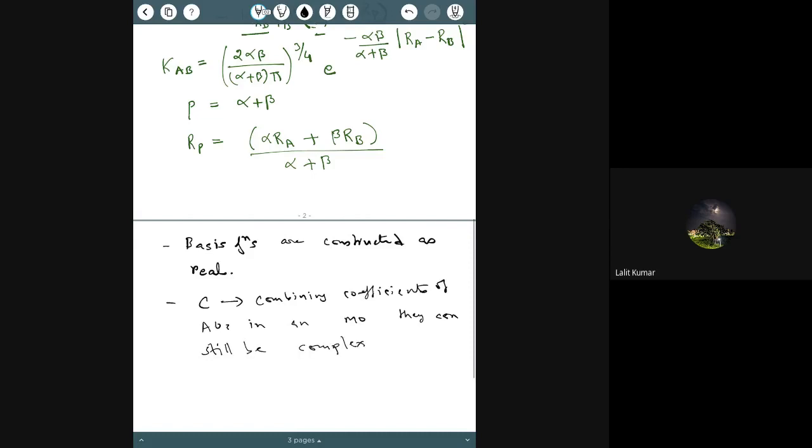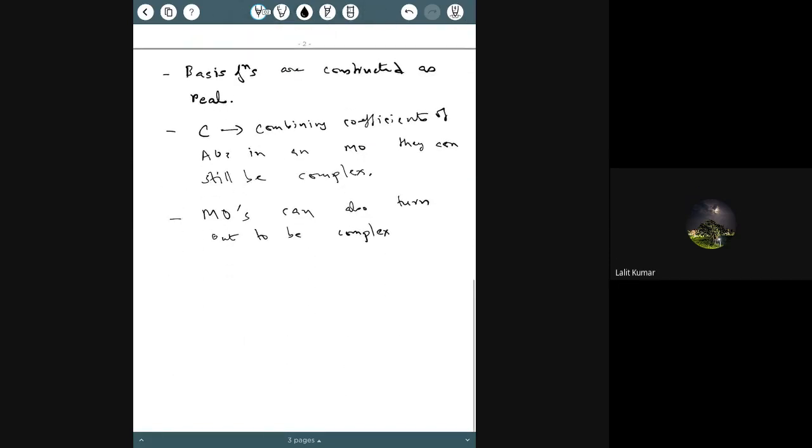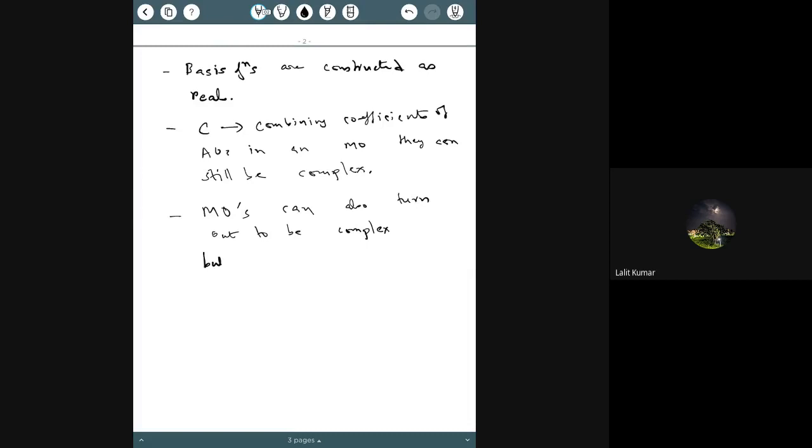In fact, your MOs can also turn out to be complex, and then you can recombine them to be real.